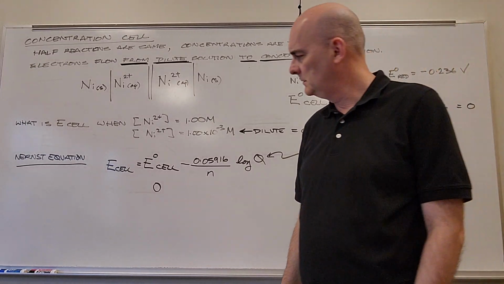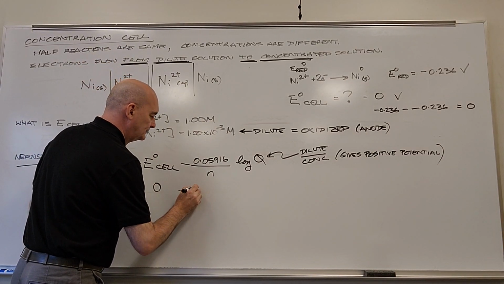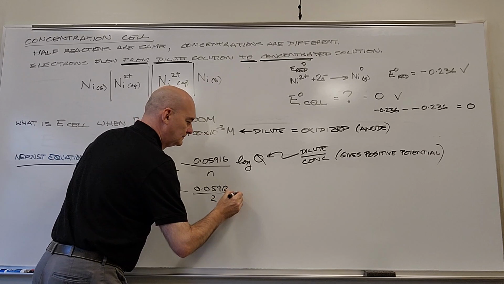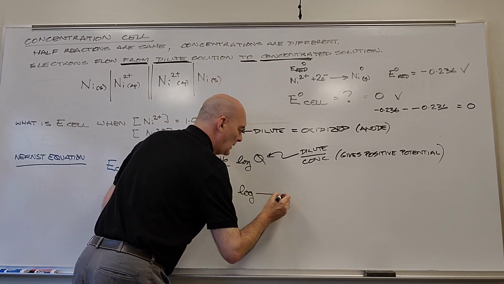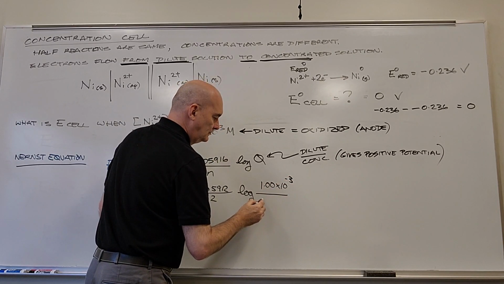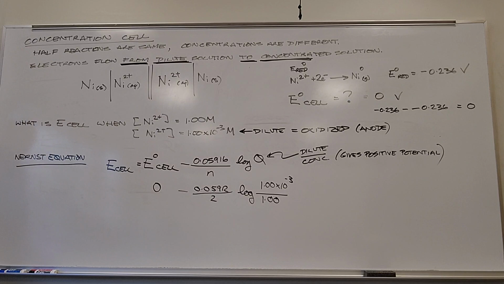What's our value of n? 2. One times 10 to the negative 3 divided by 1 is 1 times 10 to the negative 3, which is 0.001, which is equal to negative 3.